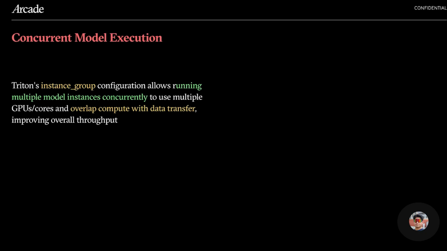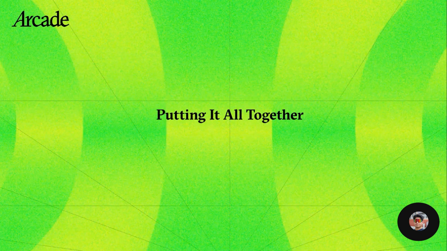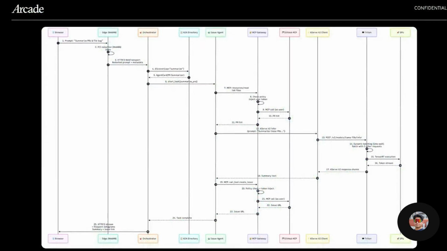So I was saying I was going to talk about KV cache here a little bit, but that's going to go a little too far into the weeds. So to bring it all back, let's put it all together with the decisions that we've made and how we've come to this. So we were able to go from the browser, do PII redaction directly on the device itself, go from orchestrator, find the correct agent, find the issue agent, use the correct user's identity and authorization to call, work with an MCP gateway to call the correct GitHub MCP tools.